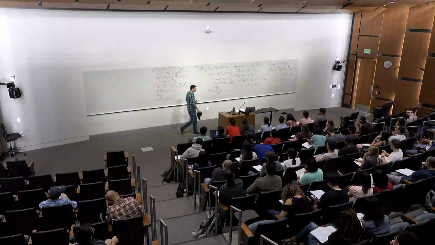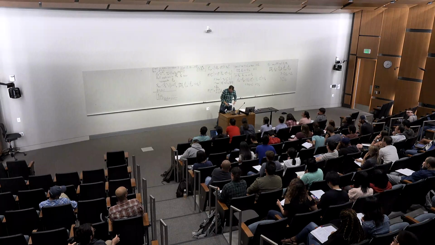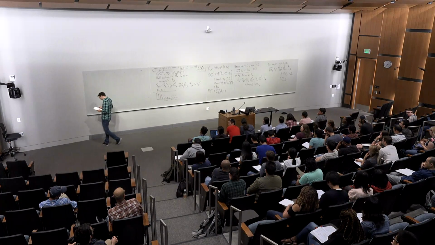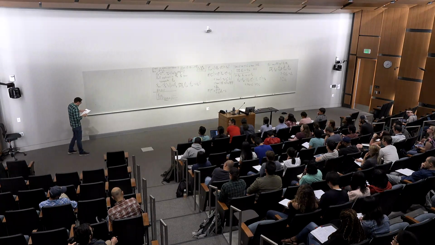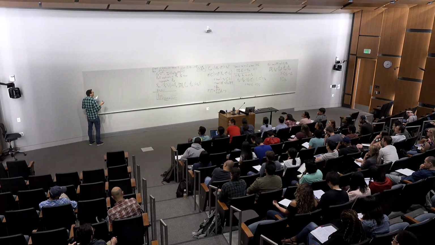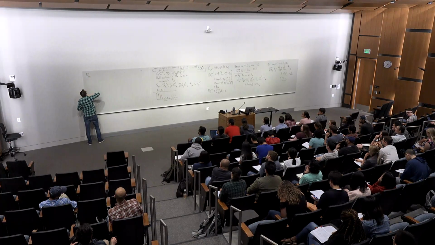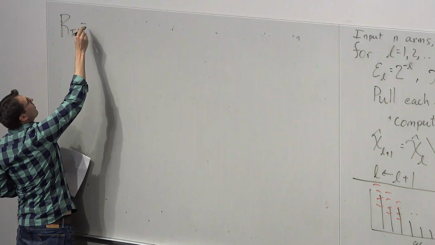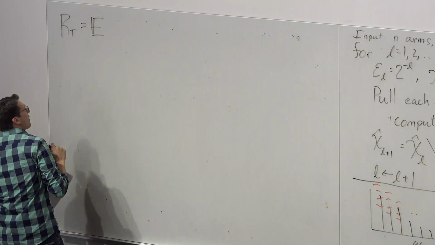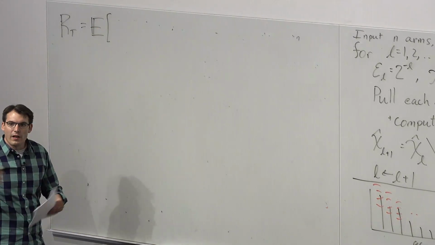Okay, I'll begin with the regret bound and show you that it doesn't matter that t can be smaller than the time it takes to identify the best arm. What we showed last time was that the expected regret can be written as an expected value, where the expectation is taken with respect to the randomness of the algorithm and the randomness of the observations.